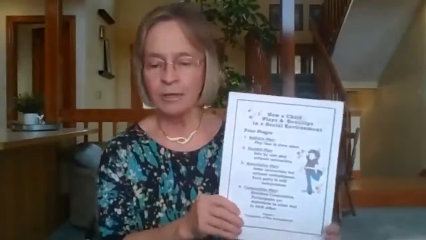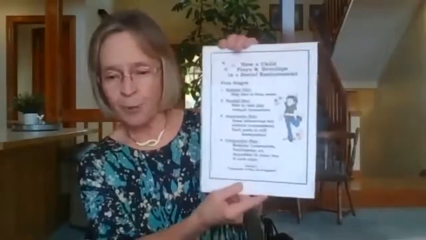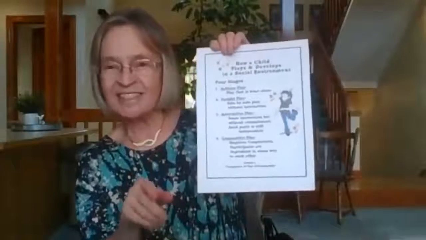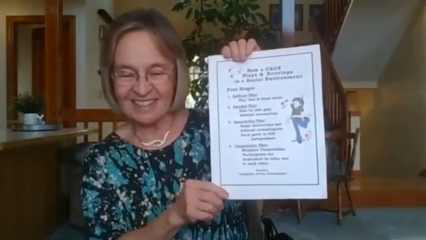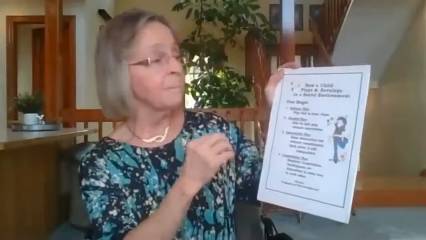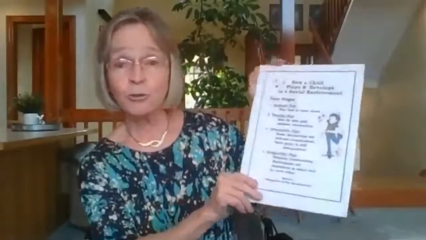Number 1, and probably the most important one in my teaching that I found, it changed the way I teach, is Parten's categories of play development, all right? And this is how a child or an adult plays and develops in a social setting.